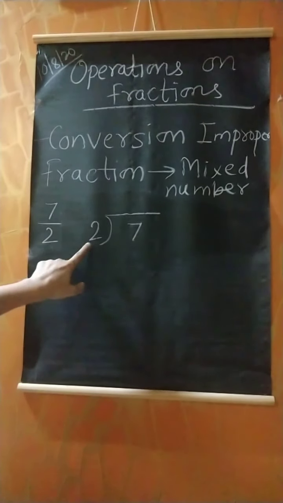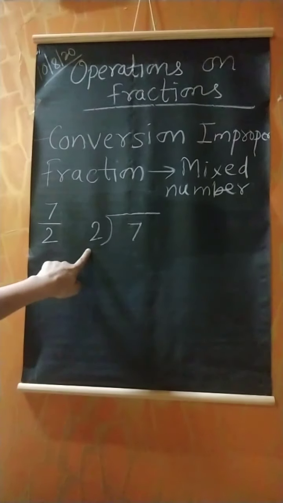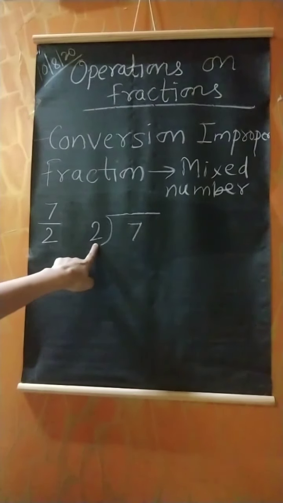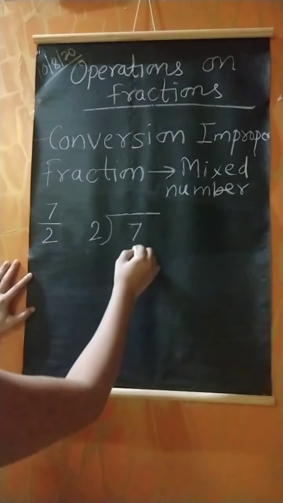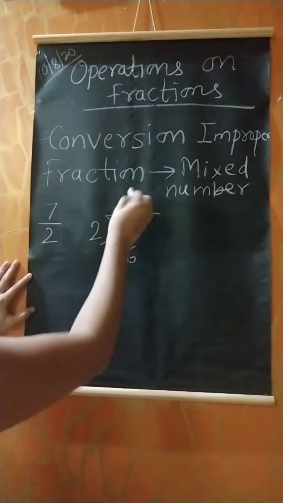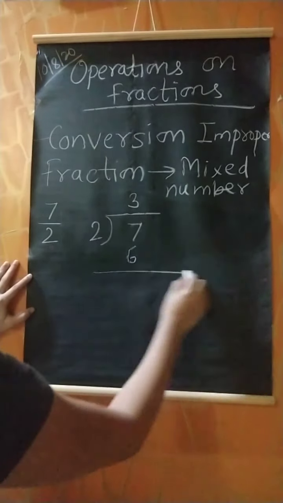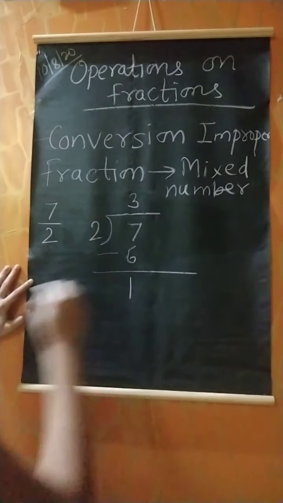If I am dividing 7 by 2, then in 2's table 7 is not coming, so we are taking 6, which is on the place 3. Now 7 minus 6 is 1.